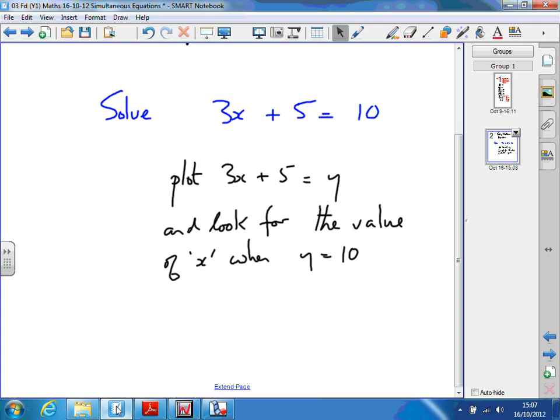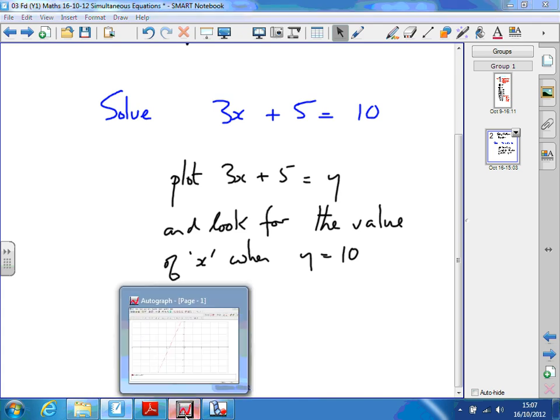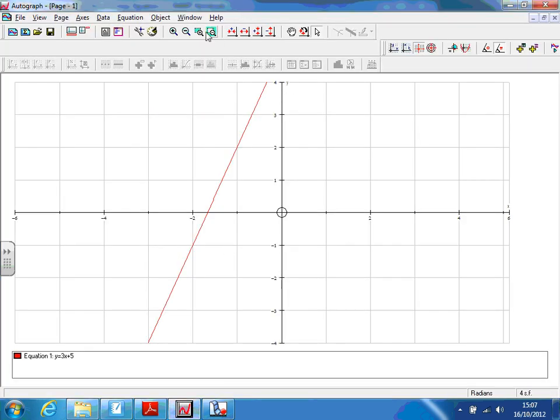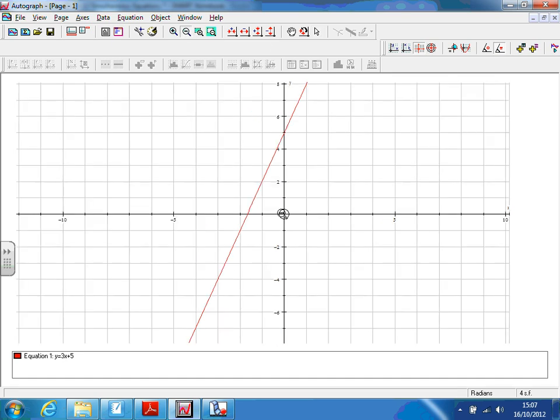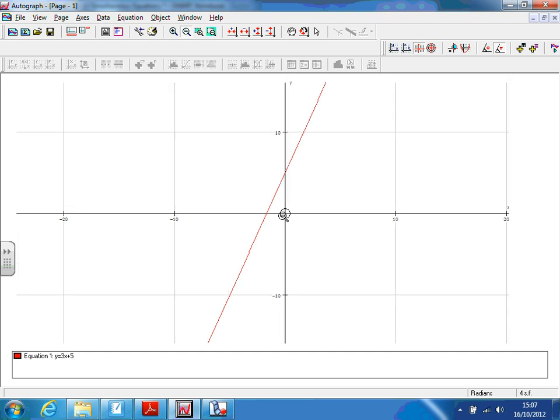And we're after the point when y equals 10. So if we go back and look at the graph and zoom out, when y equals 10, here, I'm after the value of x.